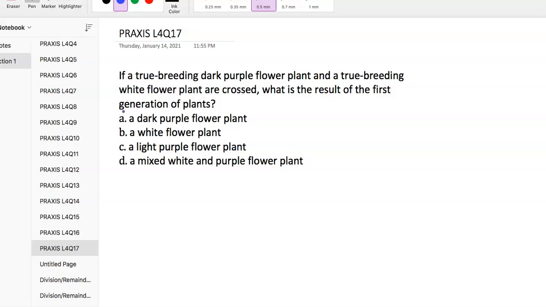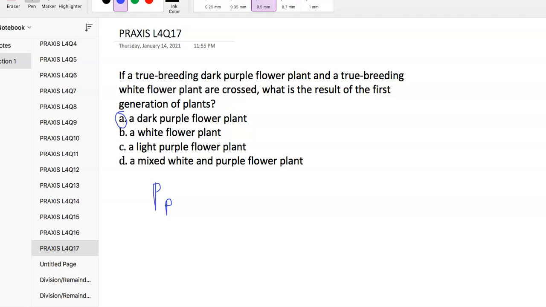This is Gregor Mendel's famous pea plant experiment, and the resulting law of segregation. The F1 generation is 100% capital P, lowercase p, so like that. That's F1. And what that means is that the first generation is dark purple.